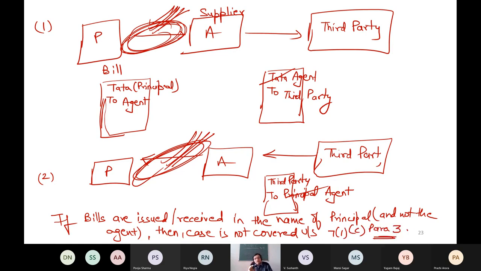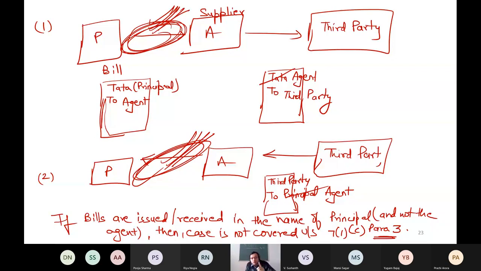So if agent has not the authority to supply the bill in his own name and to receive the bill in his own name, still I'm not saying that it is not treated as supply, but it will not be covered under section 7(1)(c) paragraph 3. It can still be supply provided other conditions are satisfied then.